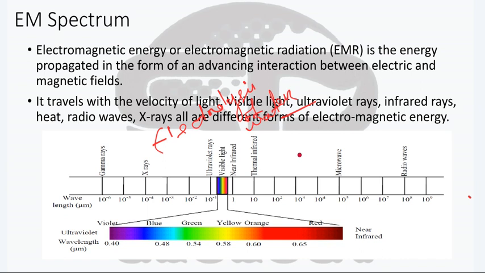Then we are going to infrared. So in infrared, there are three types: near infrared, middle infrared, and thermal infrared.